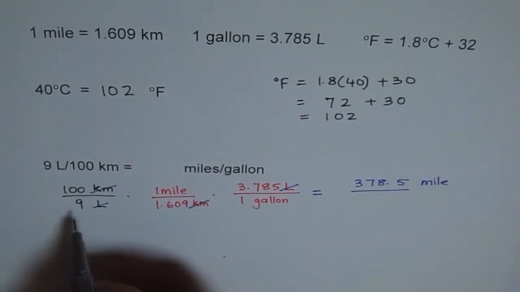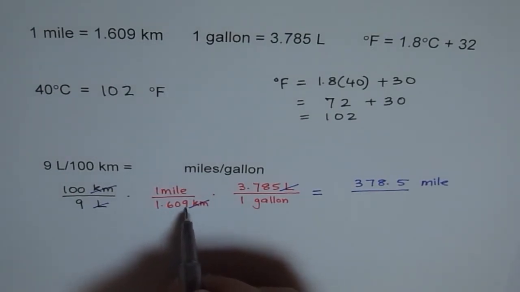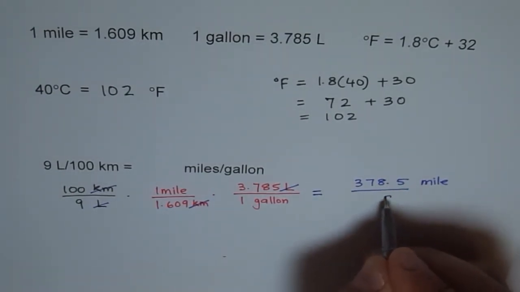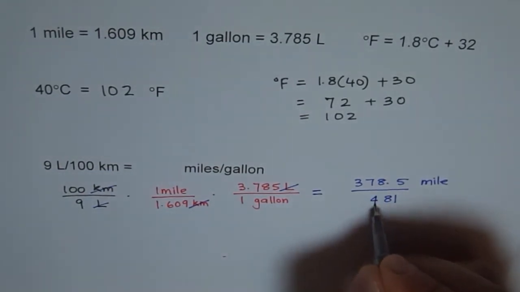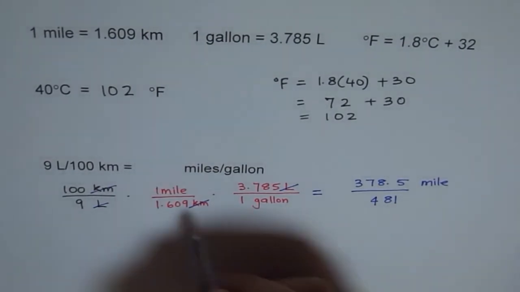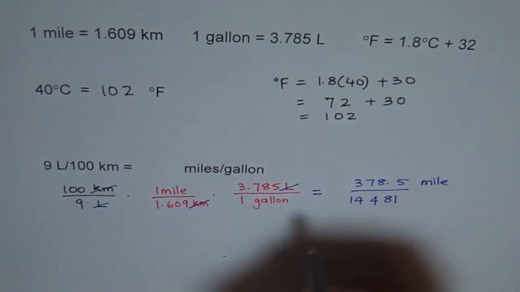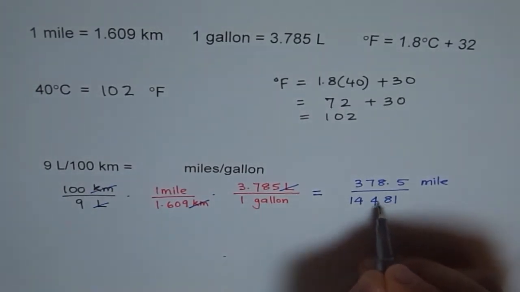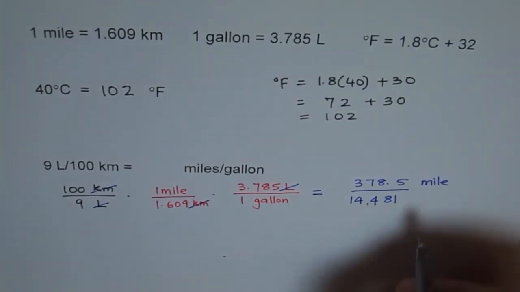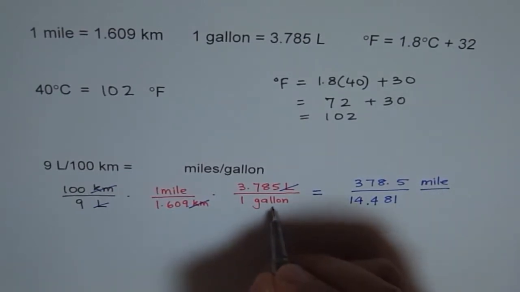Over, we do 9 times this. 9 times 9 is 81, 0. And 9 times 6 is 54, 4 and 5. 9 times 1 is 9 plus 5 is 14. And how many places after decimal? 1, 2, 3. So 1, 2, 3, and you get it here. Do you see? And the unit here is gallons.